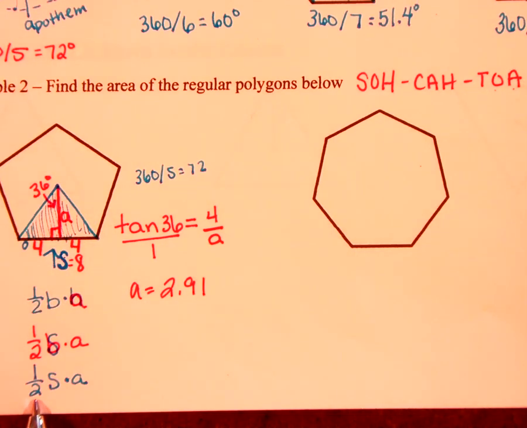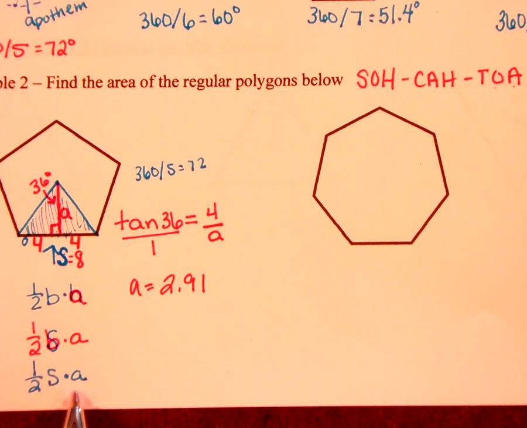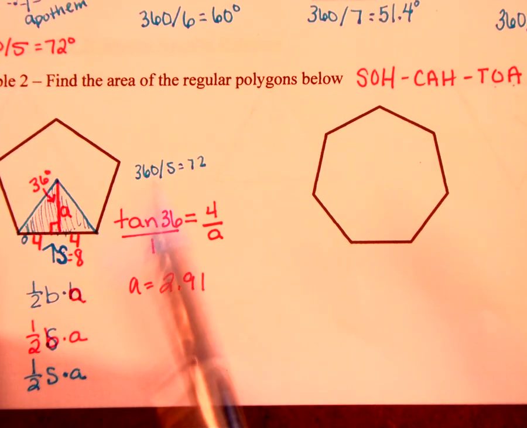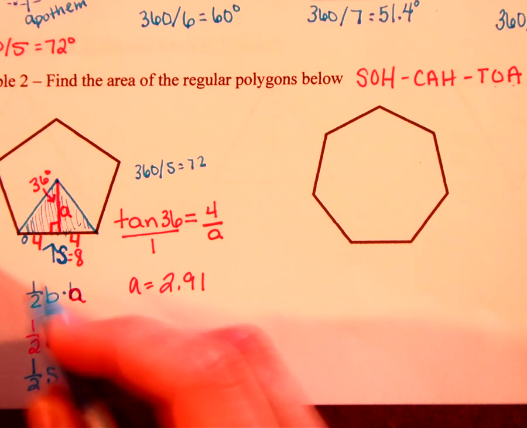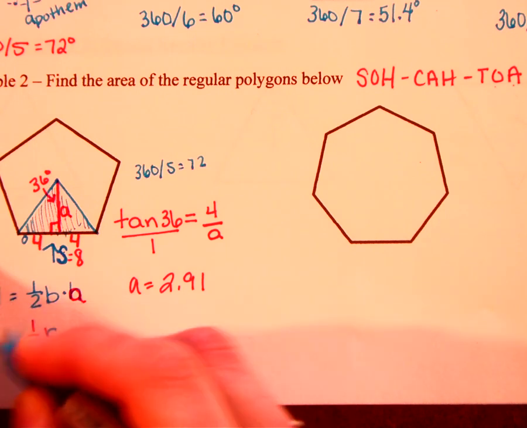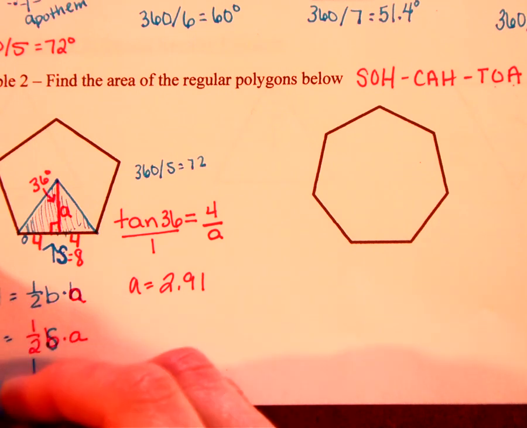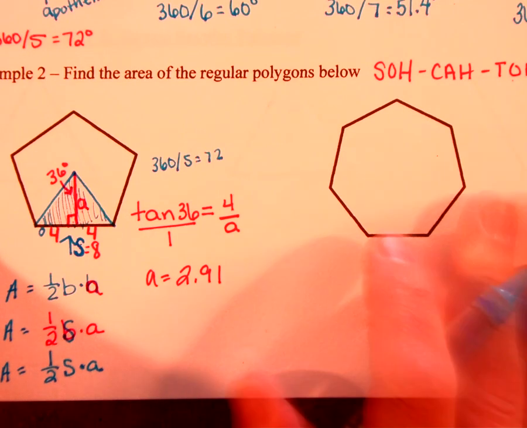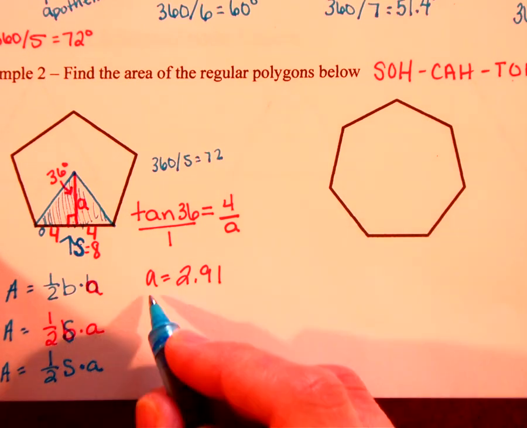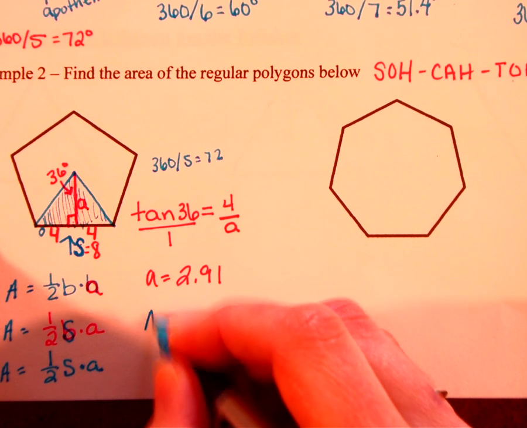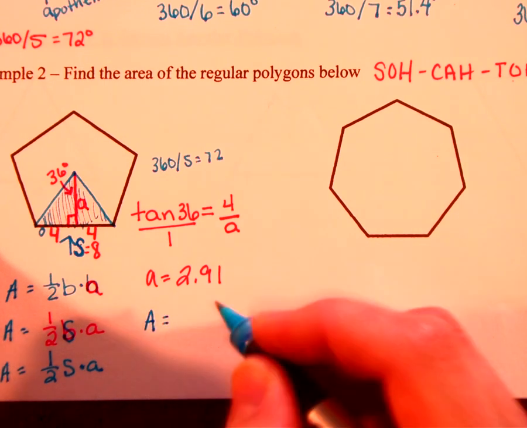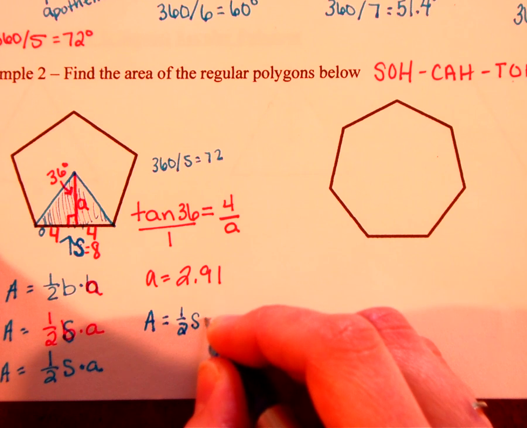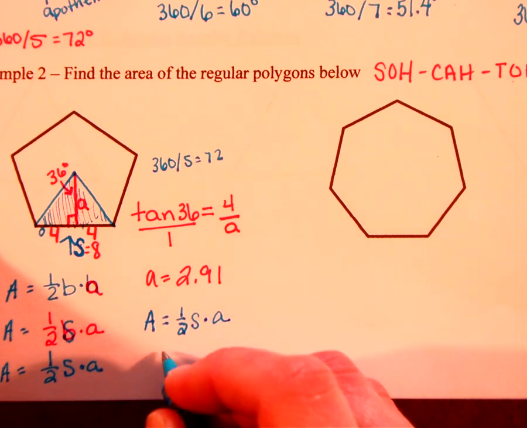Now, why did I even get that? Well, our formula is one half the side length times the apothem. That's going to be my area. This is an area formula: big A equals one half of my side length times my apothem.